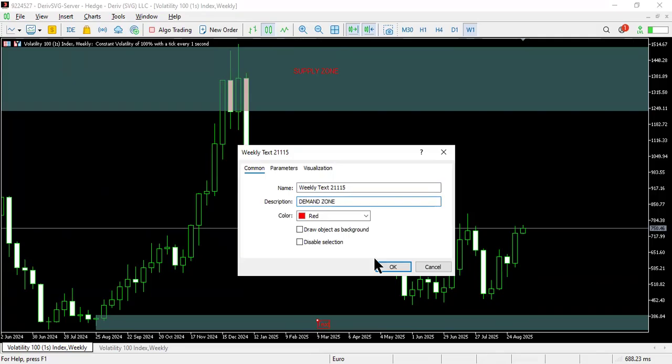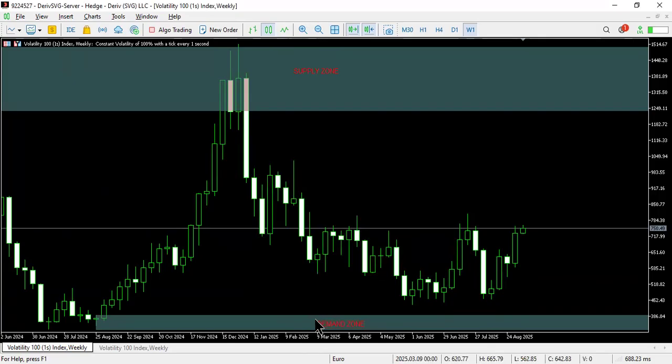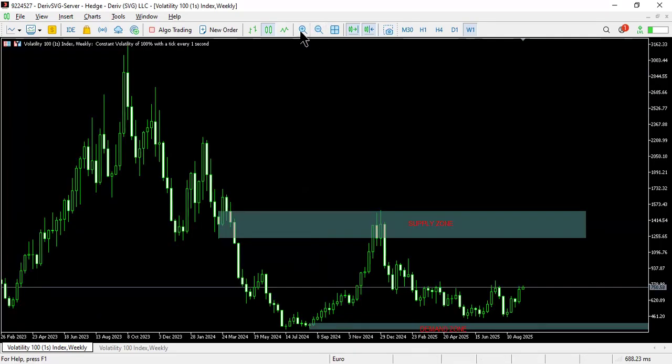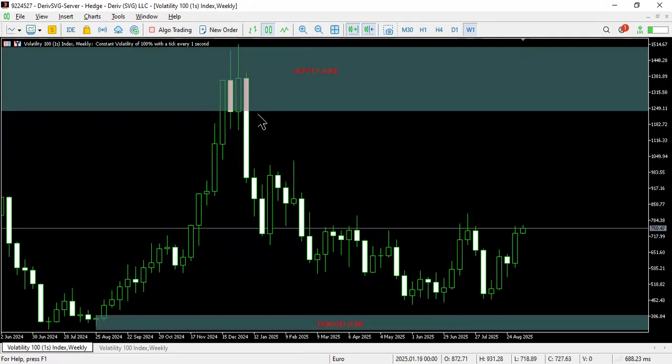That is our demand zone. From the weekly time frame, you can see that price has been moving from supply to the demand zone. However, it's not yet at the demand zone.